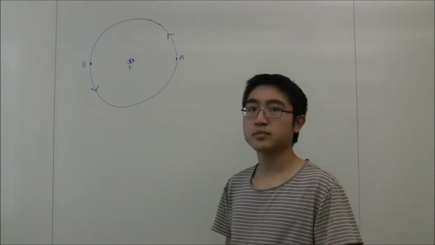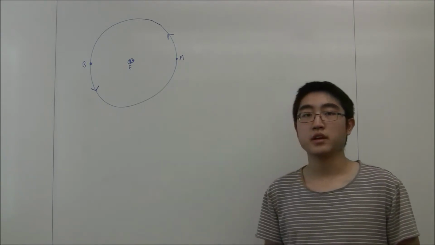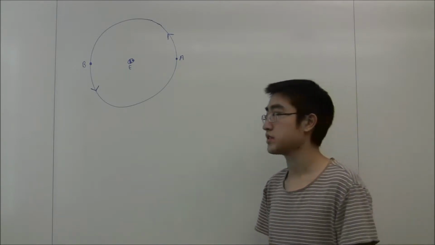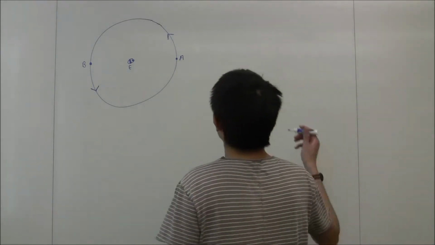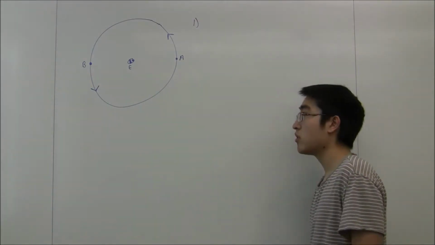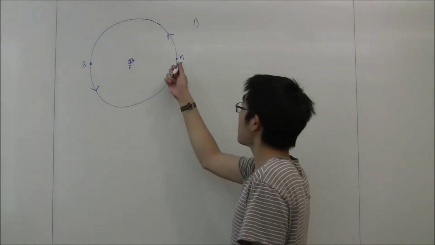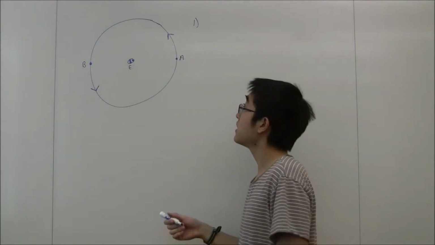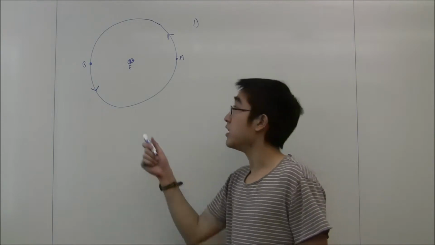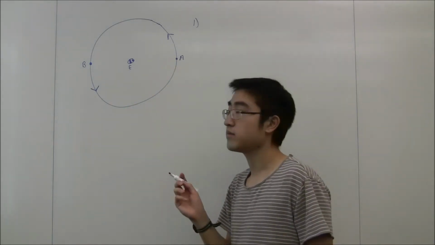Now, there are many possible solutions that you can come up with, but in this video we will only be discussing two of these possible solutions. So, our first possible solution is to throw the sandwich from point A into an elliptical orbit with half the period of the astronaut's orbit.